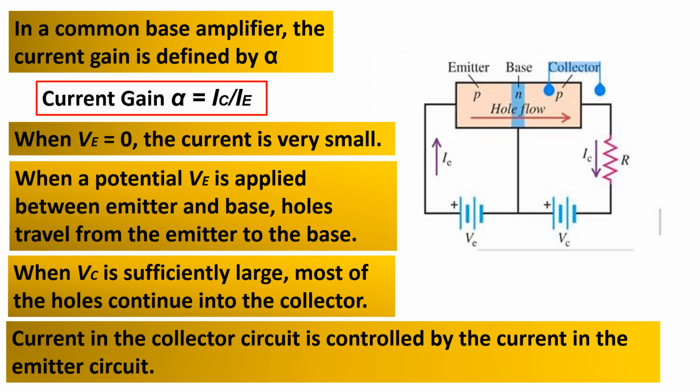But this time, in a common base amplifier, it is the emitter current, I sub E, that controls the collector current. That's why for a common base amplifier, the current gain alpha is equal to IC over IE. And this value for alpha, unlike in the case of beta, is always less than 1.